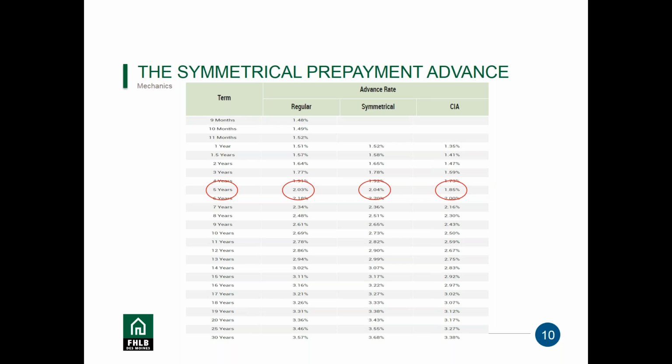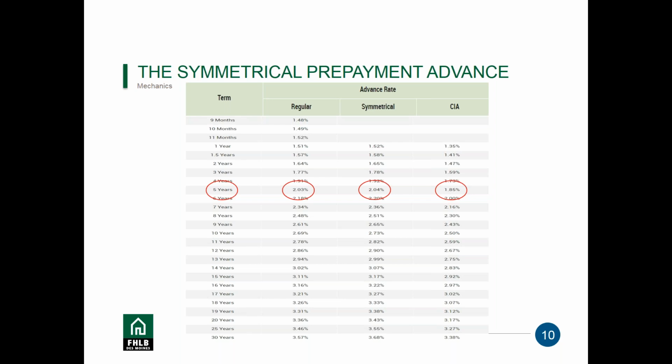So let's also look at just a picture of the scale versus regular advances, again, 1 to 30 years. We have premiums to regular or asymmetrical advances. As I mentioned, they range currently between 1 and 11 basis points and expand with maturity.